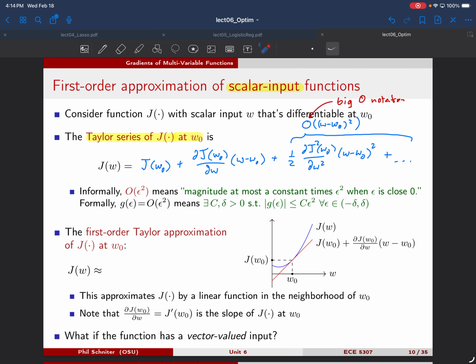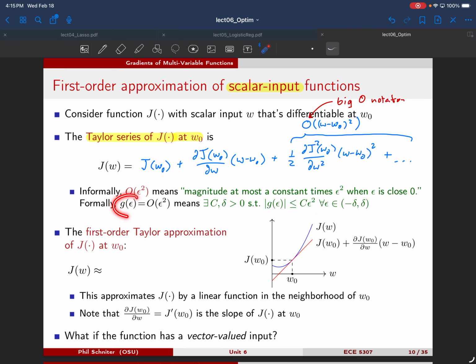There's another version of this that handles when epsilon goes to infinity. But in this case, since we are looking at small deviations around this point, we are interested in when this term is getting small. So this is the informal understanding. The formal mathematical definition is that there exist some positive constants, C and delta, such that you can upper bound the magnitude of this.